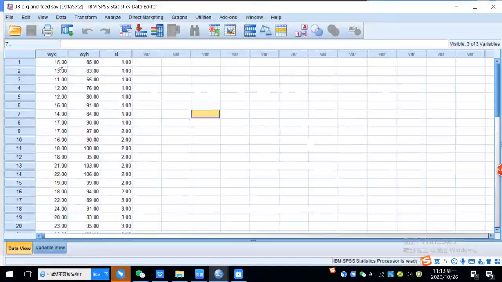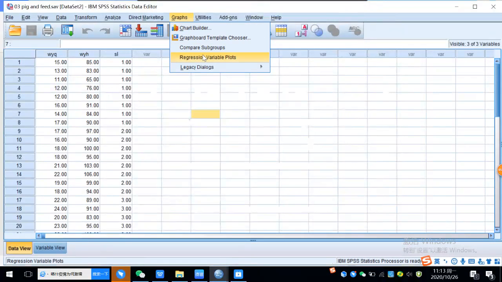Look here, the pig is very light before feeding, for example 15, but the weight after feeding will be 85. So the type of feed is very helpful for the pigs to gain weight, right?